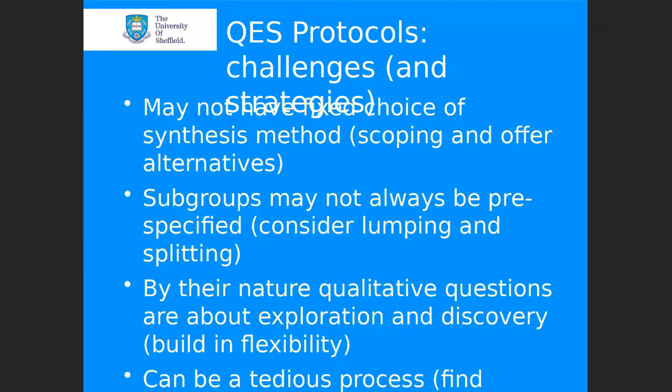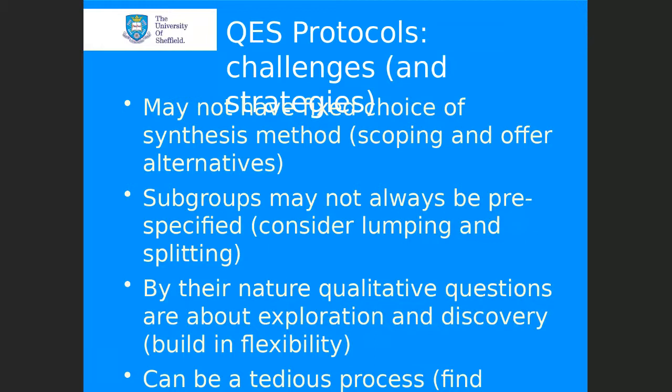Also, subgroups may not always be pre-specified. We may only start to see differences between populations as we start to look at the data. So, for example, our review might be combining children and adolescents, and yet we end up seeing that adolescents attach more importance to self-esteem, and so they are responsive to different types of interventions than children.